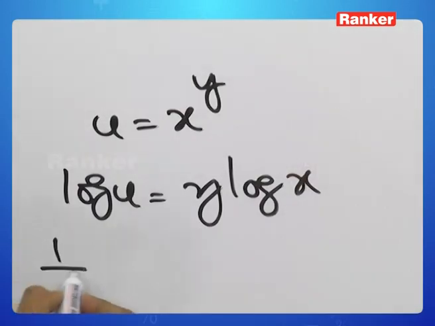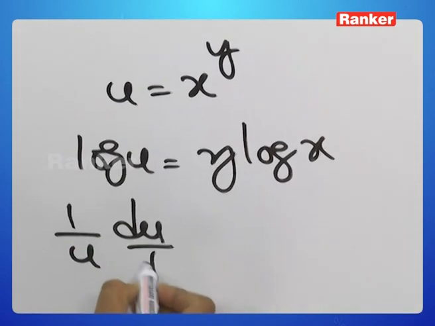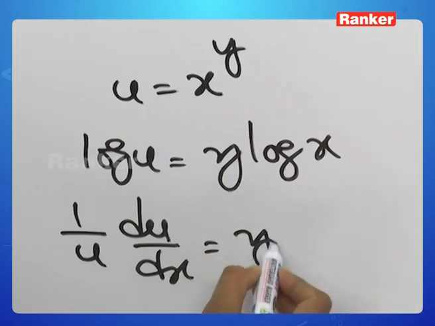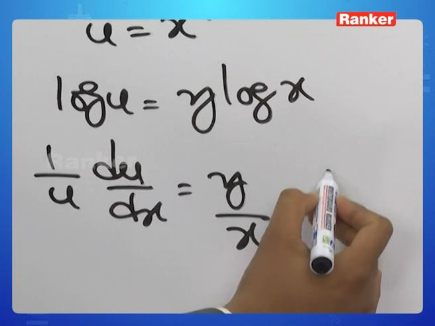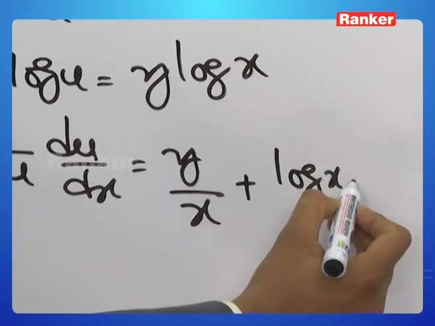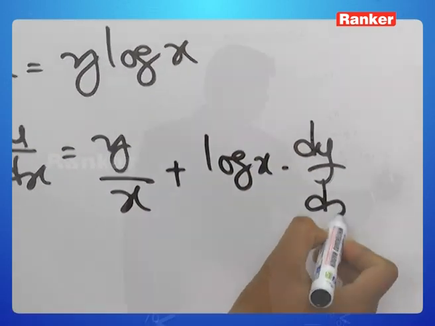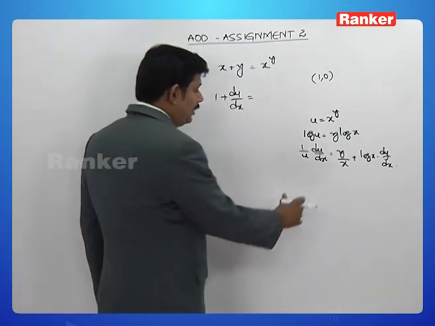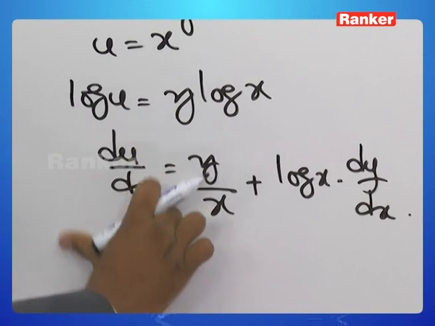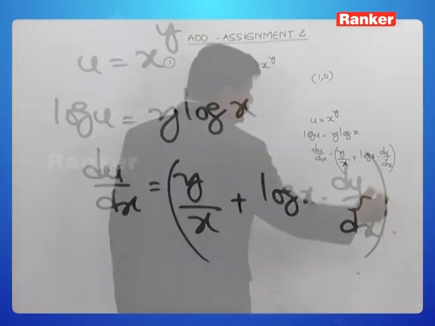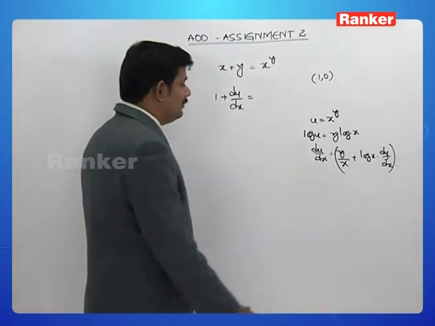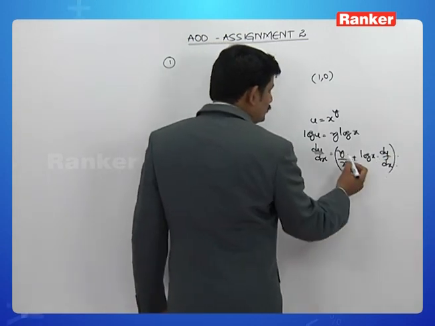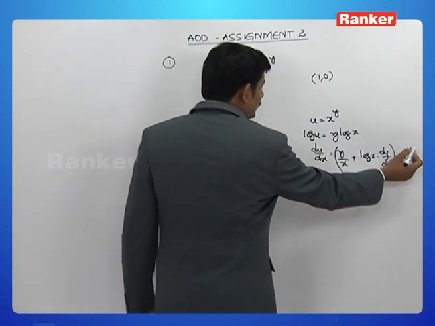Differentiate: 1 by u du by dx is equal to y by x plus log x into dy by dx. Or du by dx is equal to y by x plus log x into dy by dx, into u, which is x power y.